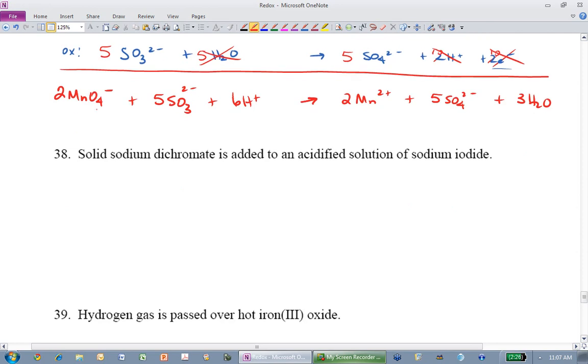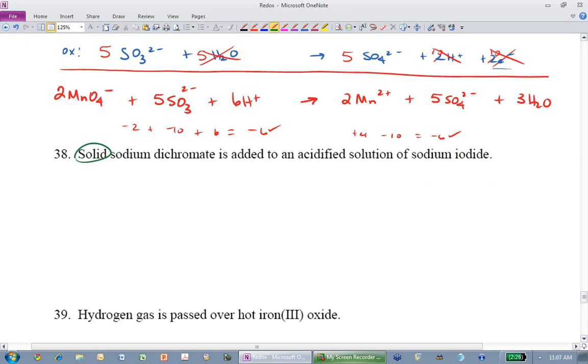Total charge on the left. Okay, -2, -10, plus 6. What do you figure that comes out to be? -6? Yes, it does. -6. Plus 4, -10. -6. Check, check. Love it when that works out. I don't have to go back to the drawing board.